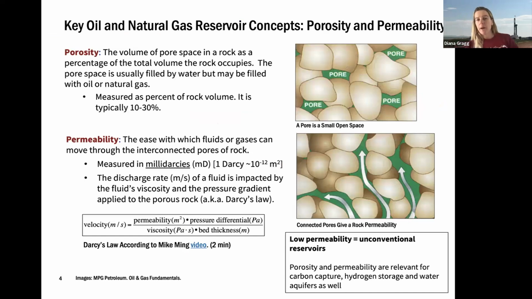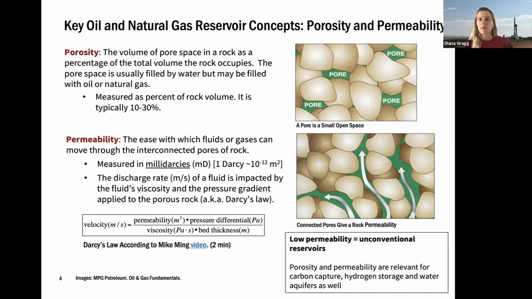Key things to know about our oil and gas reservoirs. When we're talking about an oil and gas reservoir, that is just the place where the oil and gas exists under the ground. There's two key aspects that we think about for those reservoirs: porosity and permeability. Porosity has to do with how much volume space is there in the rock that can actually contain the oil and gas. So those are the pore spaces.